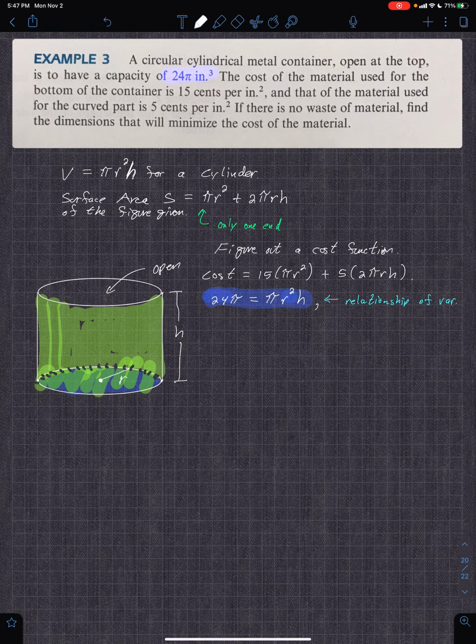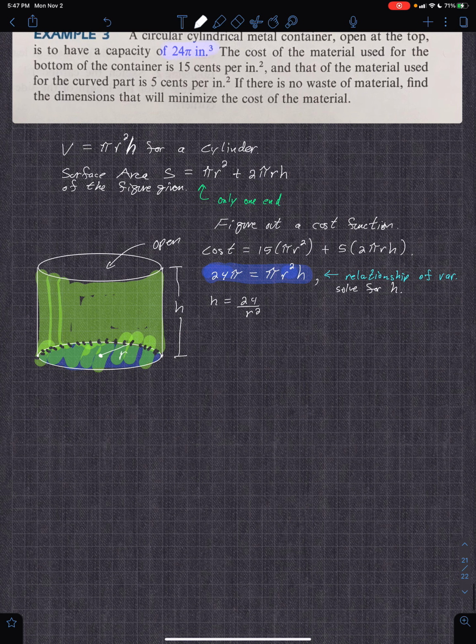So knowing that, we can then solve for, and this is where you have to just know what's probably best. What's probably best is to solve for h, so you can find it in terms of r. So you have h equal to 24 over r squared. All right, so now we have your cost function just in terms of r.